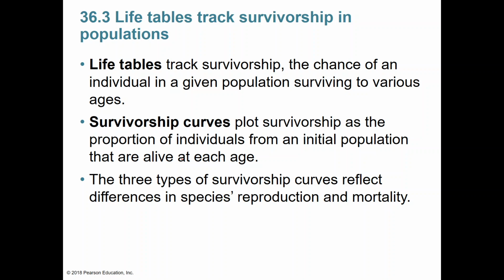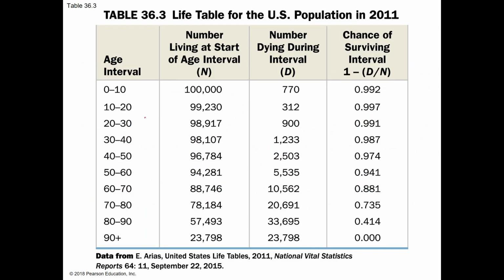So we're going to talk about life tables and survivorship curves. Scientists love to illustrate things with pictures and tables and graphics, so we'll just take a look at a couple. Okay, so this is a life table.